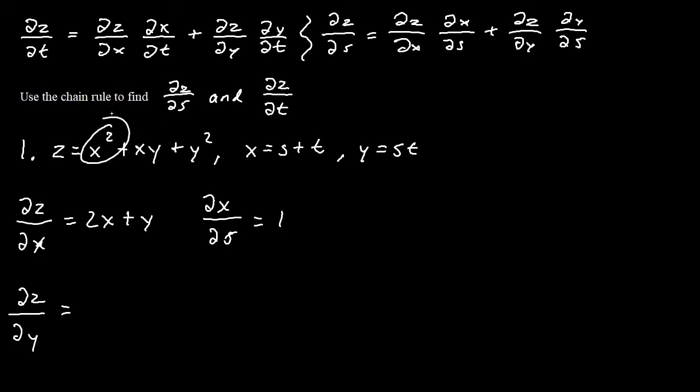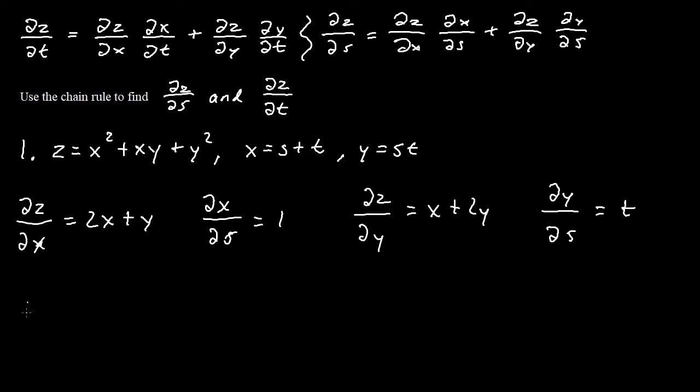So derivative of x squared is 0. Derivative of x times y is just simply x. And then derivative of y squared is plus 2y. And then let's find the partial derivative of y with respect to s. So in this case, we have s times t. If s is the variable, t is the constant, then the derivative of s times t is just t.